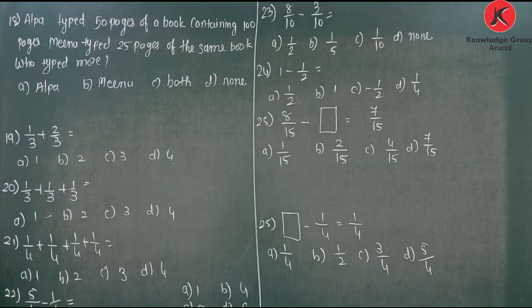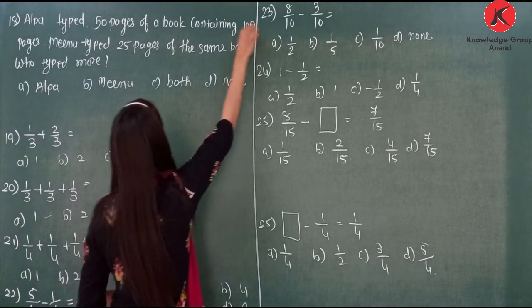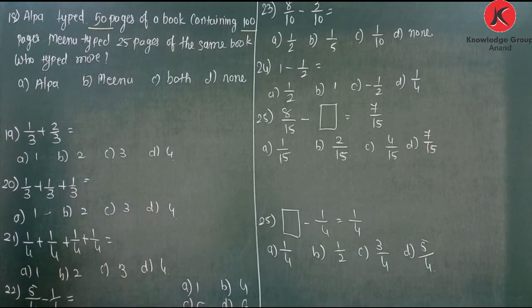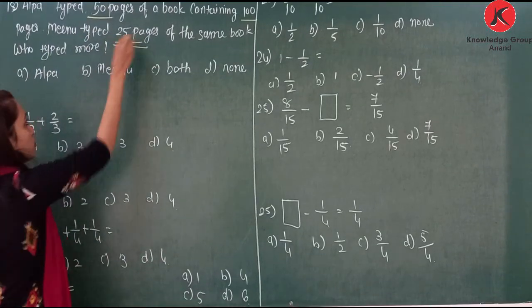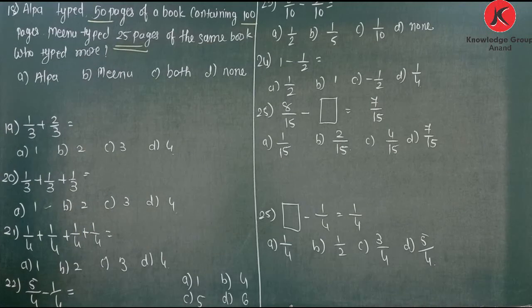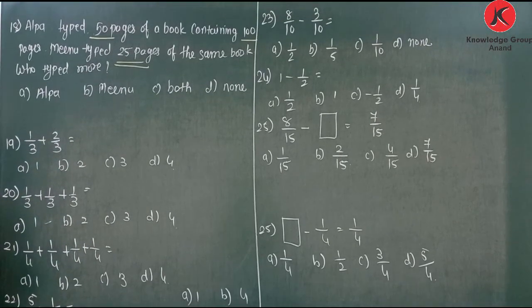Now next, Alpha typed 50 pages of a book containing 100 pages and Minu typed 25 pages of the same book. Who typed more? From 100, Alpha typed 50 pages and from 100, Minu typed 25 pages. So whichever fraction is greater, that person typed more pages.